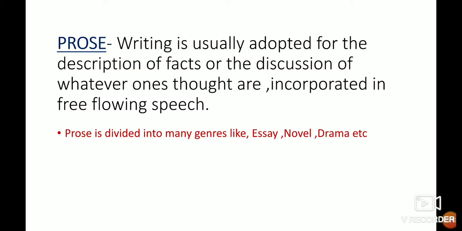Okay, so prose is also divided into many genres. Genres means many forms. Like we can divide prose into novels, dramas. While drama has both kinds of language, prosaic language and poetic language also. If you read Shakespeare's drama, you find prosaic language as well as poetic language.